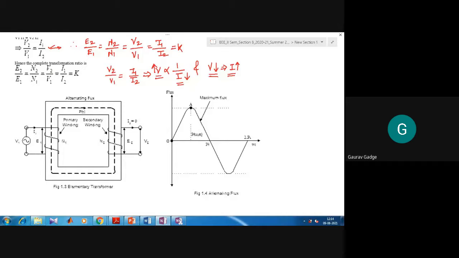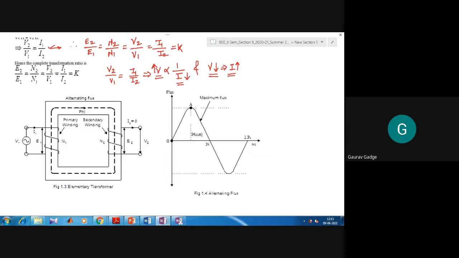Okay, so we have done the principal operation, working principle, and EMF equation of single phase transformer. So we have done with two questions. What is constant in the transformer? Power, flux, frequency. These three terms are constant. Then we have a transformer which transfers the energy from one side of the machine to the other side of the machine.